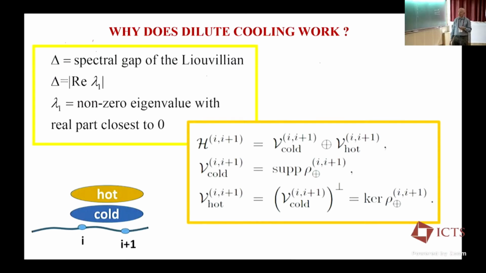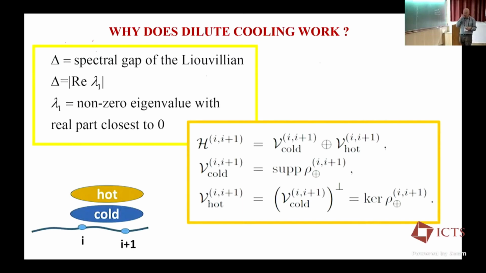Having done so, I next consider a particular link, which is the cooled link, and I define the Hilbert space of this link, the link I+1. And I divide this Hilbert space into two sectors. There is the cold sector and the hot sector. The cold sector will be the support of the target state, rho plus is the target state, on this link.